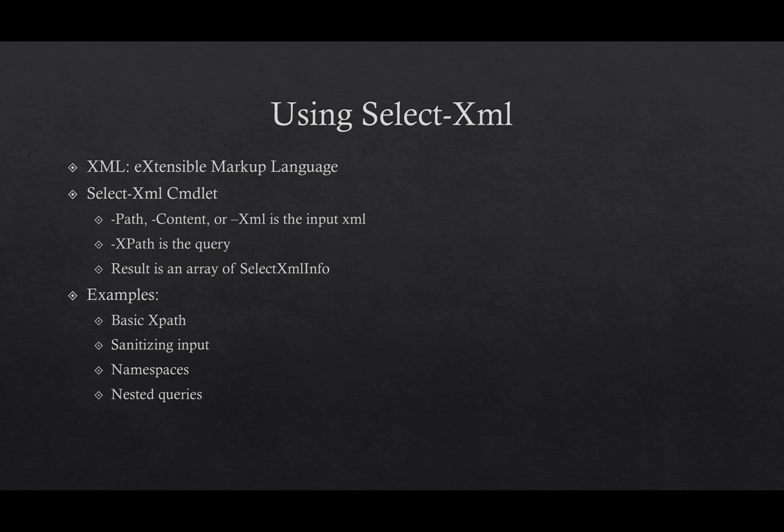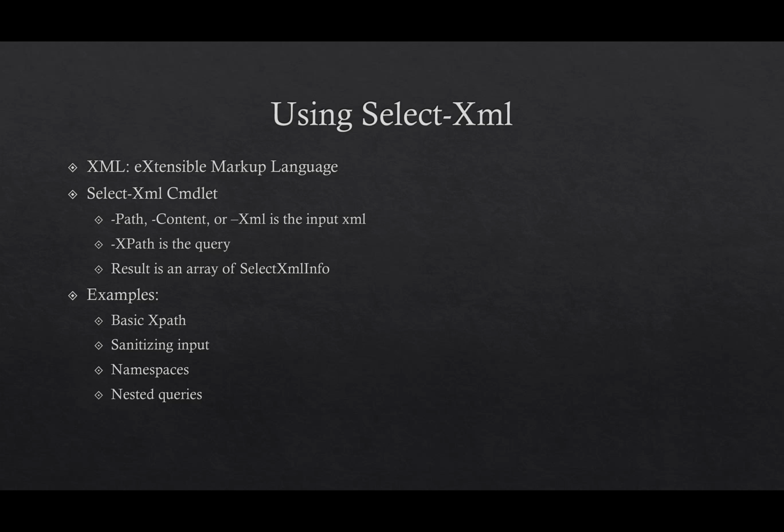And we've gone through a bunch of examples of using the Select-Xml cmdlet to query that tree using XPath, where XPath is a way of selecting nodes within that XML tree, just like a file path is a way of selecting folders or files within a file system tree.